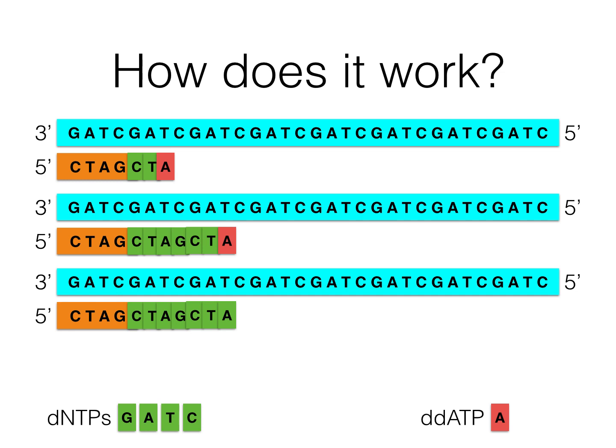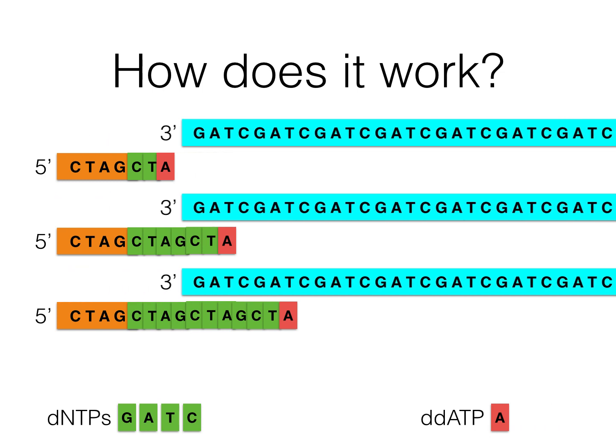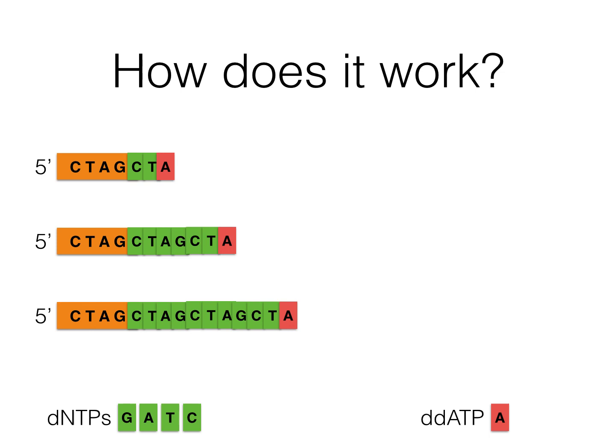So polymerization continues until we have incorporated another chain terminator. So when the process is completed, we now have DNA fragments of different length, but they all are ending with letter A. Now these DNA fragments can now be arranged from smallest to largest.